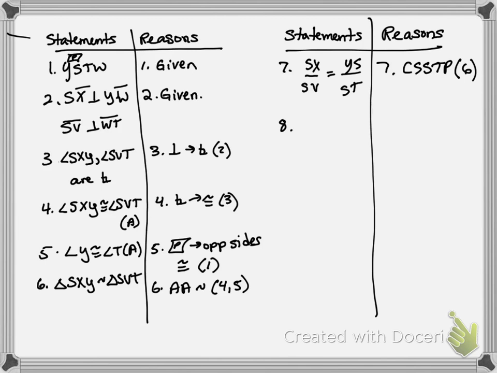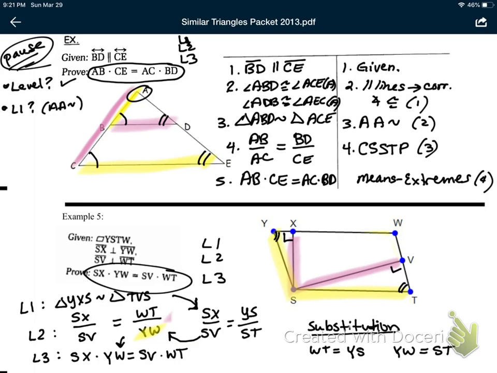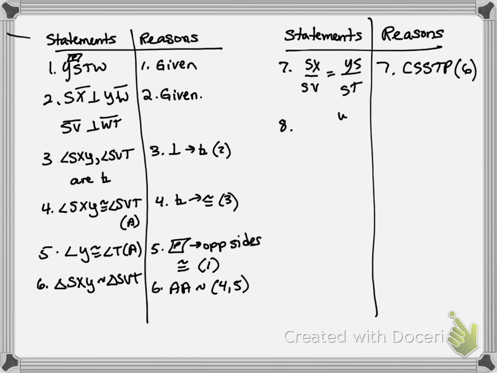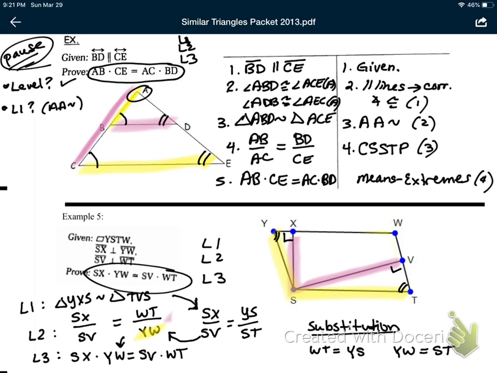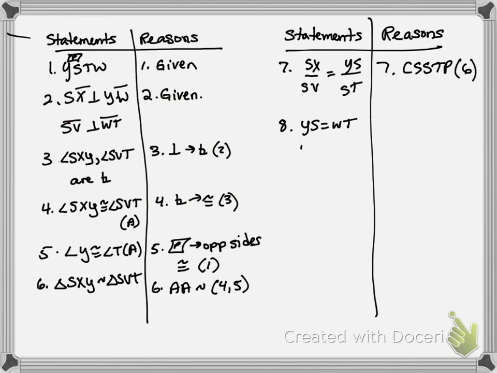So now we know that we need to get rid of two of these, right? The two on the right. So now we need to replace YS with WT. Oh, I forgot something. We need to show that YS equals WT before we even do that. And YW for ST.